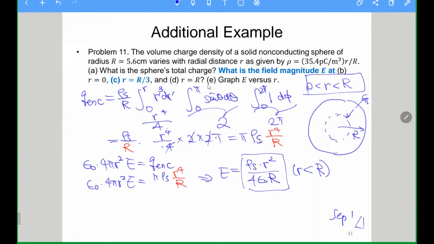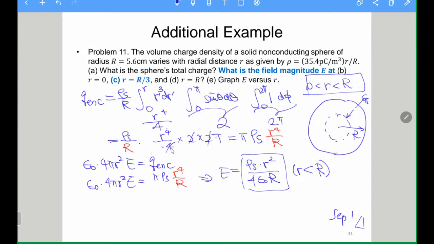Okay, and here it is actually the same as part A. So we do the integration. Here we have rho s over capital R rather than small r, and then we have r to the fourth power over 4, and then we still have 2 for this integral, and then 2 pi for this integral.